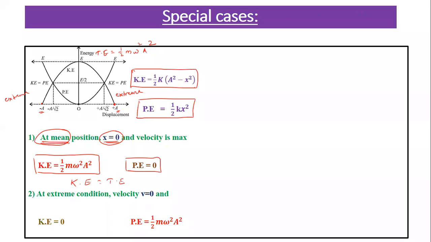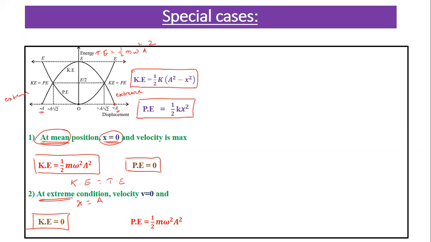Now the second case is at extreme position. At extreme, you know that x is equal to plus minus a. If we substitute x is equal to a, after substituting the value we get kinetic energy is equal to 0.